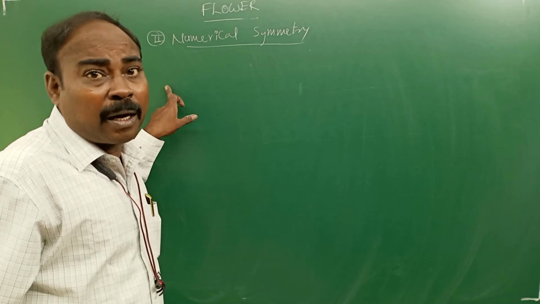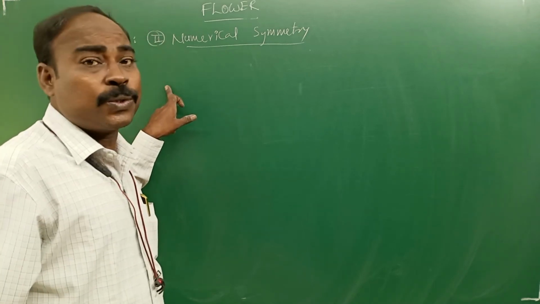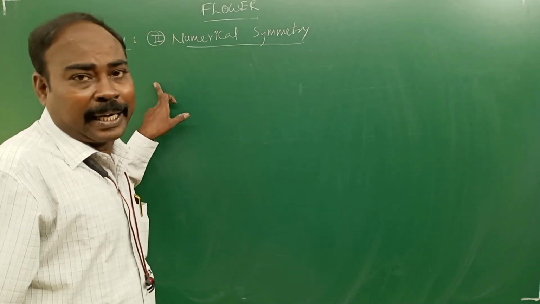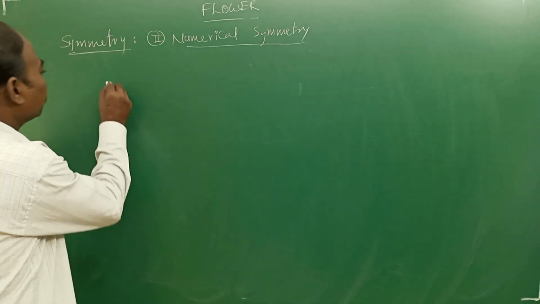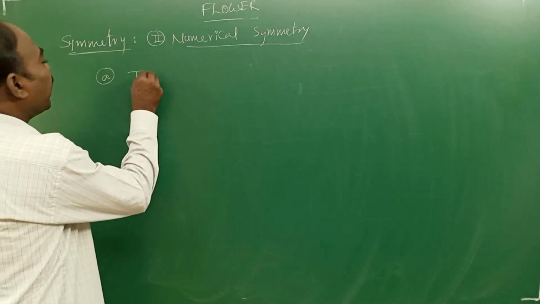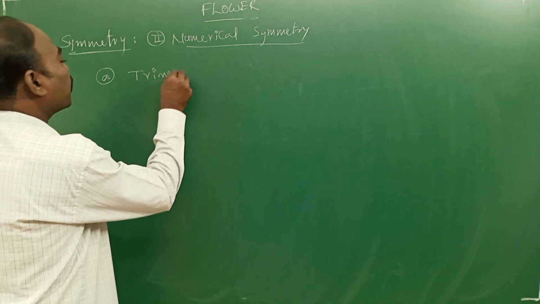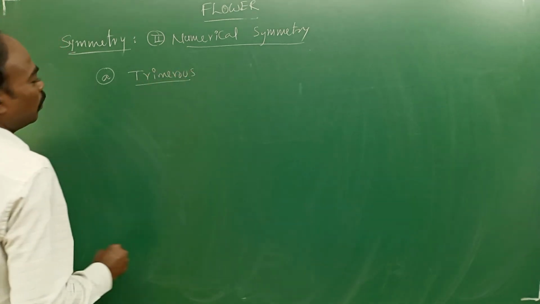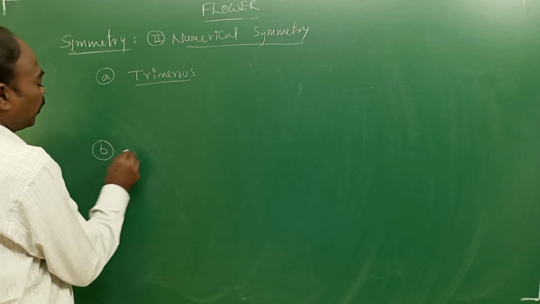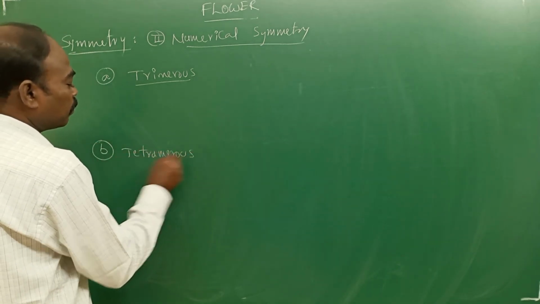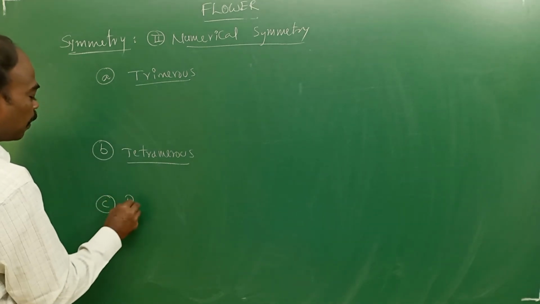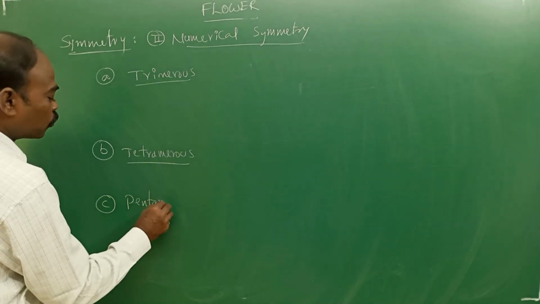Based on the number of floral leaves, numerical symmetry is divisible into 3 types: that is, trimerous condition, tetramerous, and pentamerous.